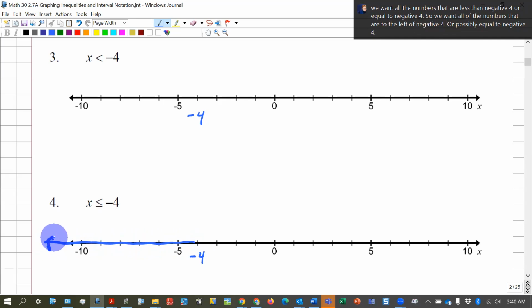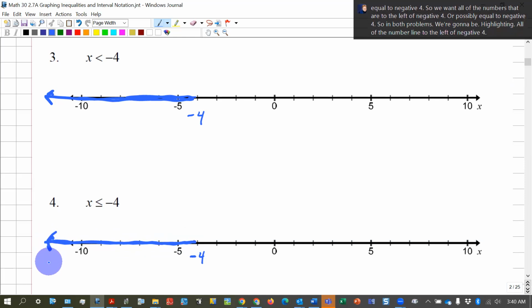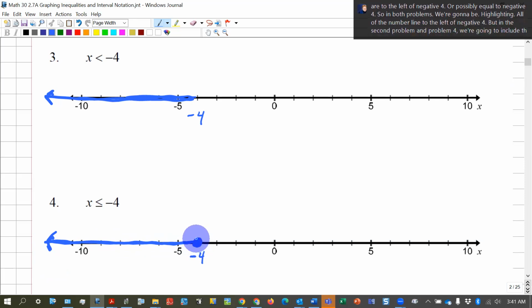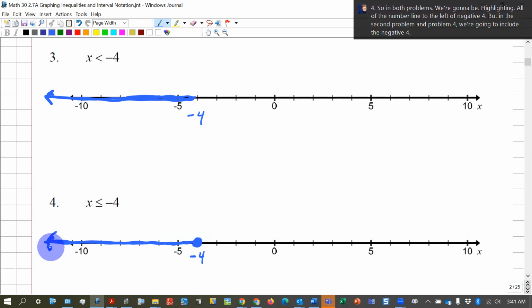So in both problems, we're going to be highlighting all of the number line to the left of -4. But in the second problem, in problem 4, we're going to include the -4, the endpoint of that ray.